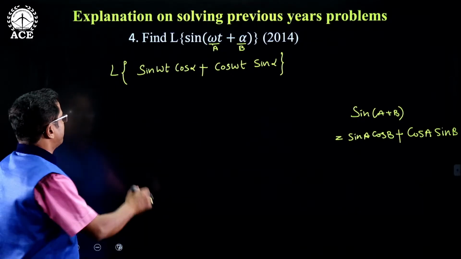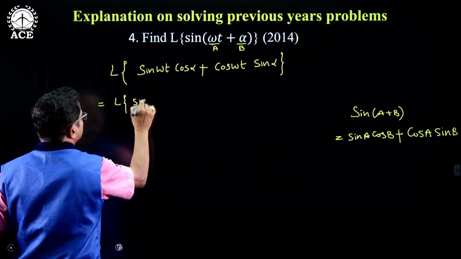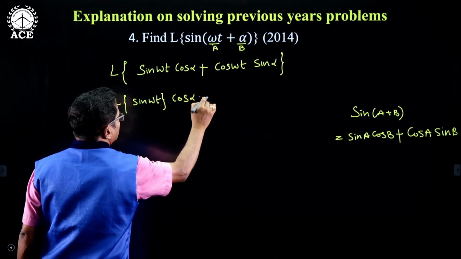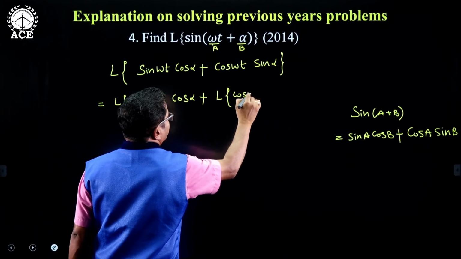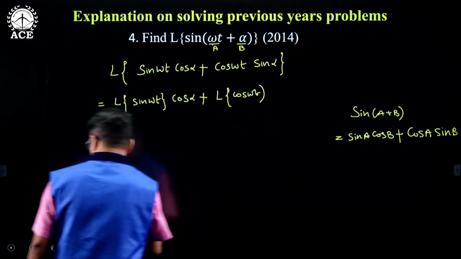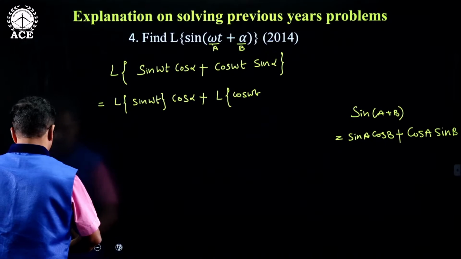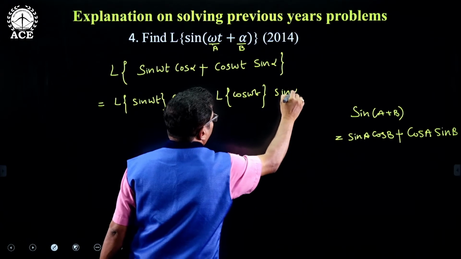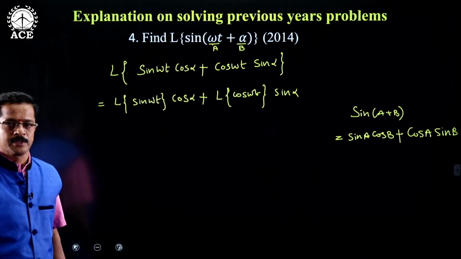So as per the linearity property, L of sin ωt into cos α plus L of cos ωt into sin α. As sin α and cos α are constants, they will be out of the Laplace transform operation.